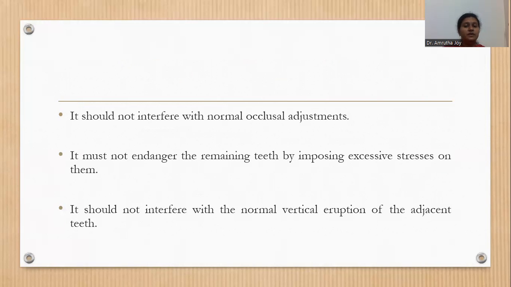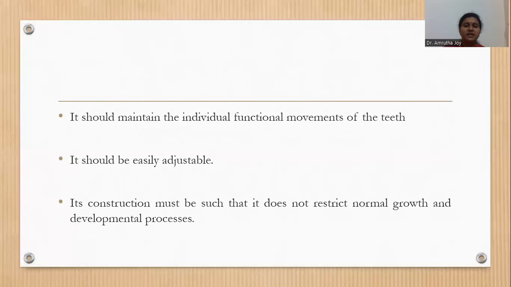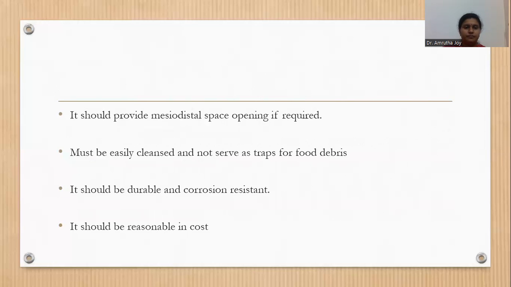It should not interfere with normal occlusal adjustments and not endanger the remaining teeth by imposing excessive stresses on them, and it should not interfere with the normal vertical eruption of adjacent teeth. It should maintain the individual functional movements of the teeth and be easily adjustable. And its construction must be such that it does not restrict the normal growth and development process.